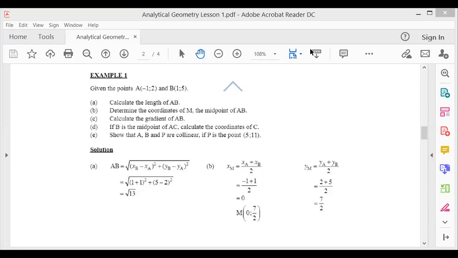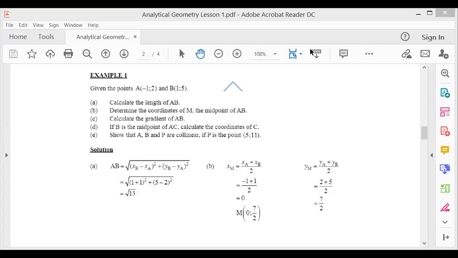Right. Okay, grade 11. Remember, in lesson 1, video 1, we did some revision on grade 10 work on analytical geometry. Now we're going to do some application. Given the points A(-1; 2) and B(1; 5), we must first calculate the length of AB.